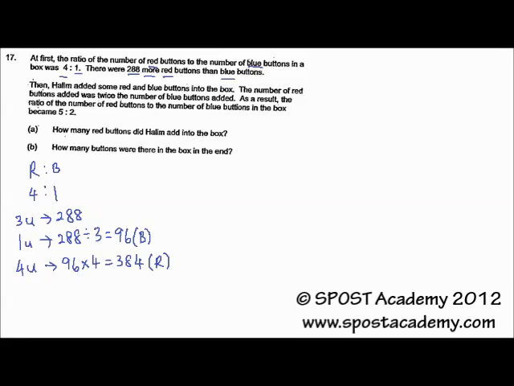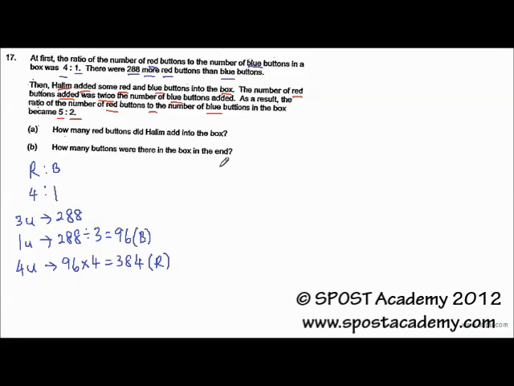After that, Halim added some red and blue buttons into the box. The number of red buttons added was twice the number of blue buttons added. And as a result, the ratio of the number of red to the blue becomes 5:2.